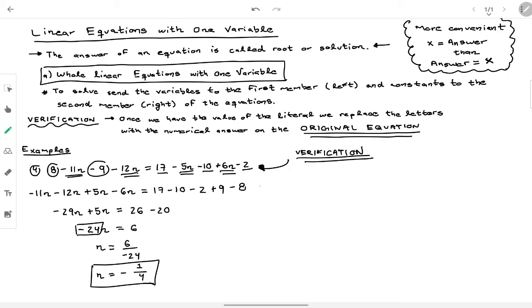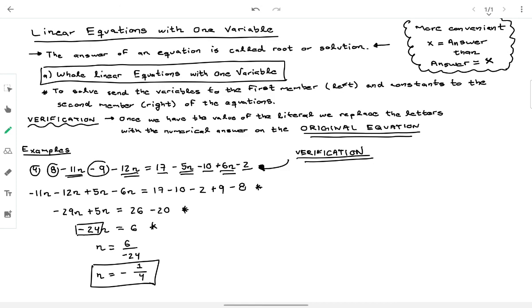We cannot do it here or here or here. We can do the verification process only on the original equation. When you are asked to check or verify a specific solution of an equation, we need to do it on the original one.